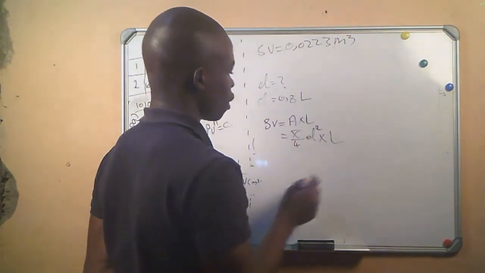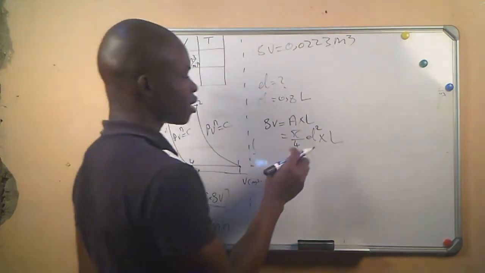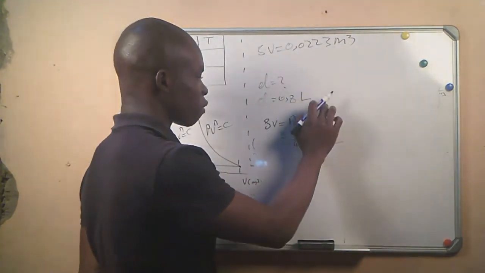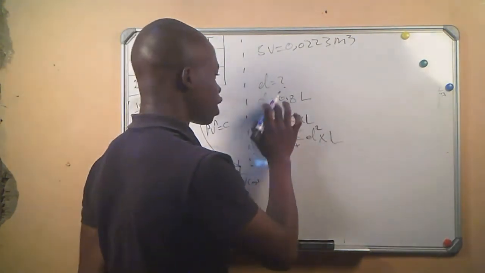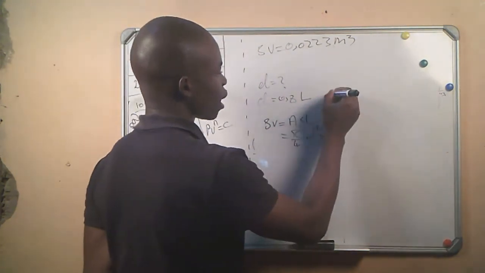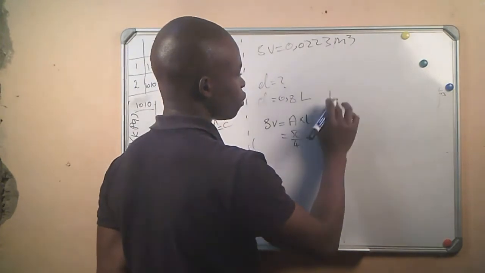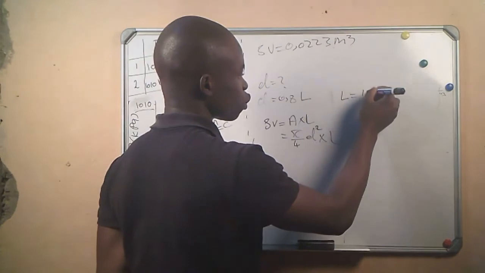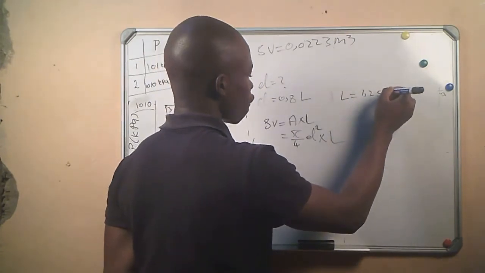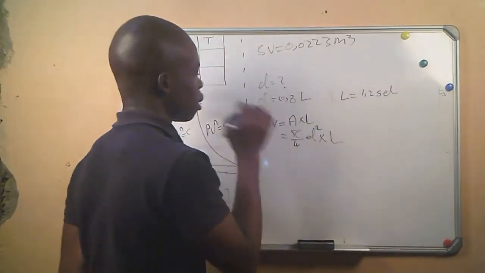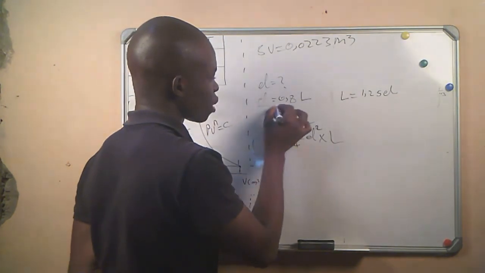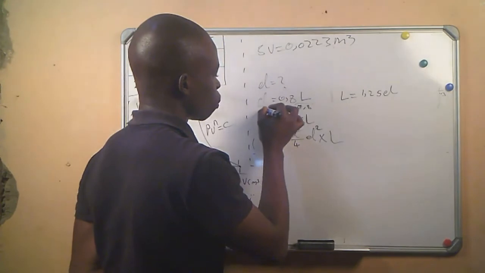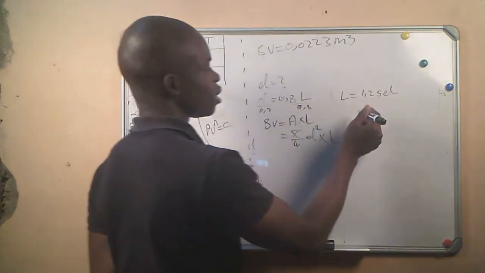Since we want the diameter, let's make the stroke length the subject of this formula, where we will get that the stroke length equals 1.25 of the diameter, as we divide both sides by 0.8, and then we will get this formula.